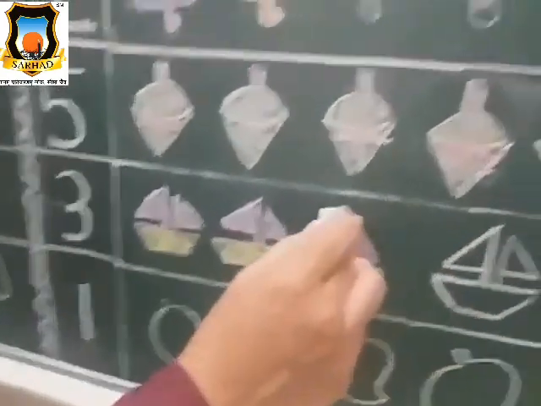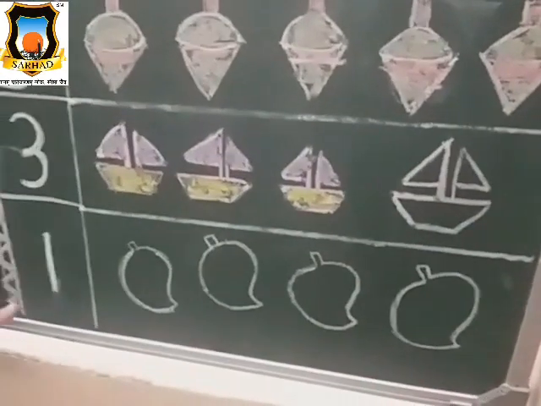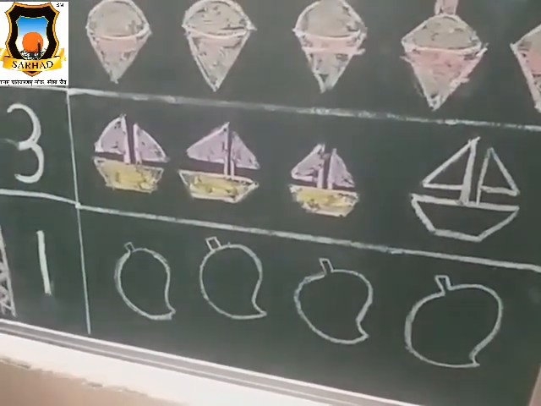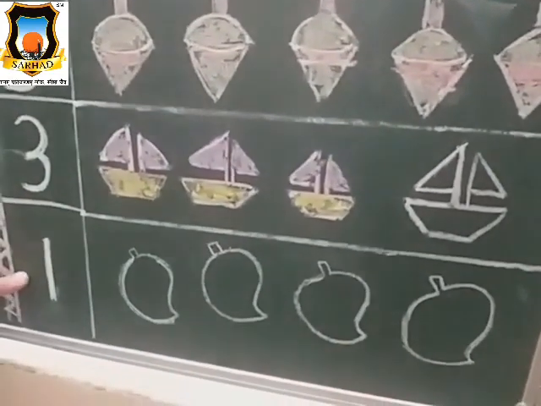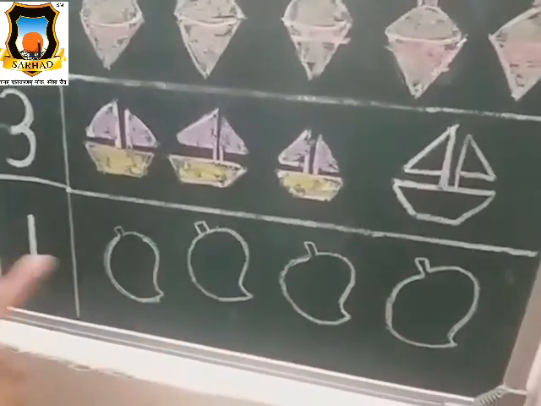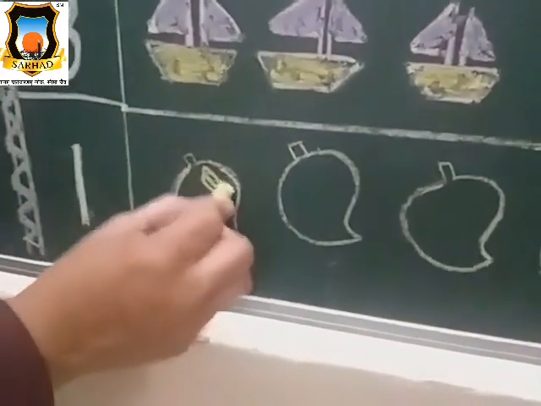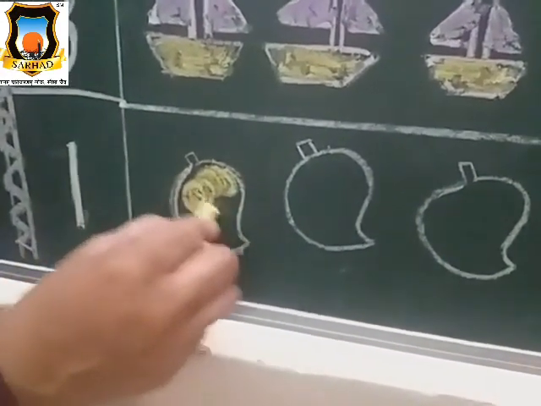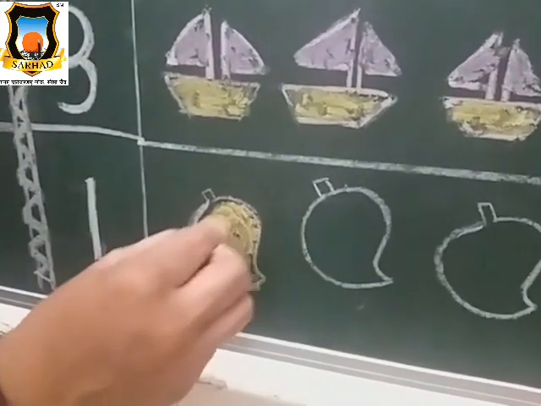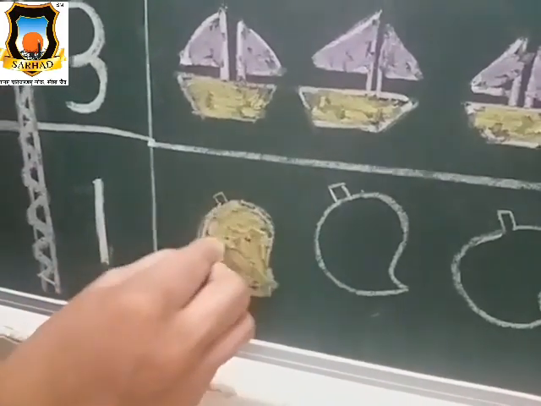We don't color this shape because we have to color only 3 shapes. Okay. Now our next number is 1. So I am going to color only 1 mango. There are so many mangoes, but we have to color only 1 mango. So I am going to color this mango with yellow color. This is one mango. Okay.